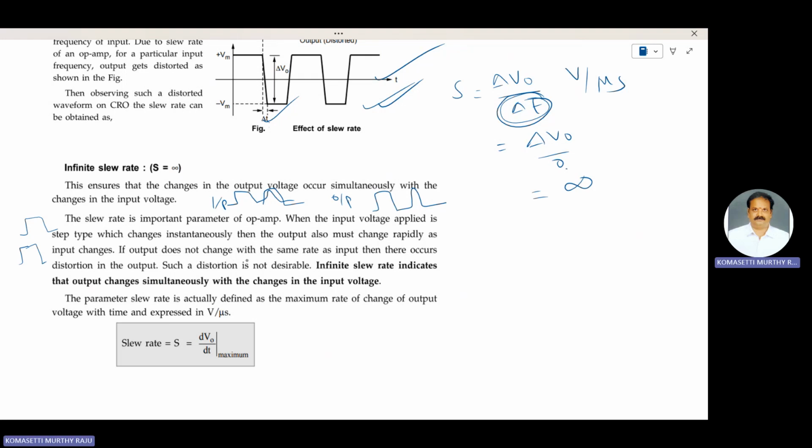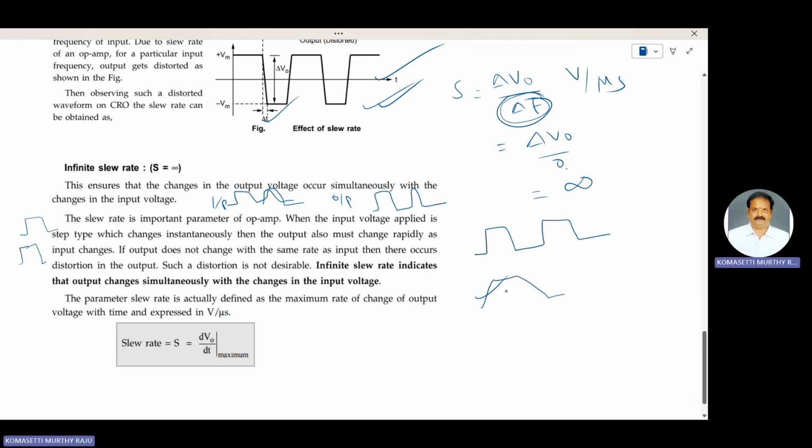If the output does not change at the same rate as the input, the output is like this, with some delay. Then distortion occurs in the output. Such distortion is not desirable.